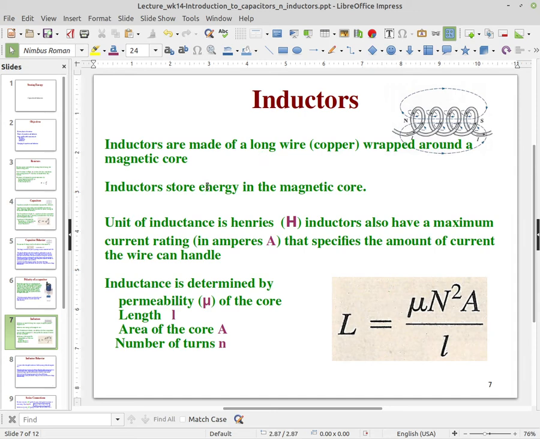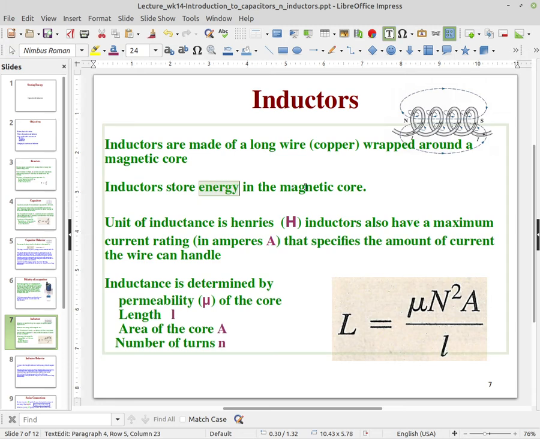They store energy inside of the magnetic field. Capacitors store it inside of an electric field, inductors store it inside of a magnetic field.